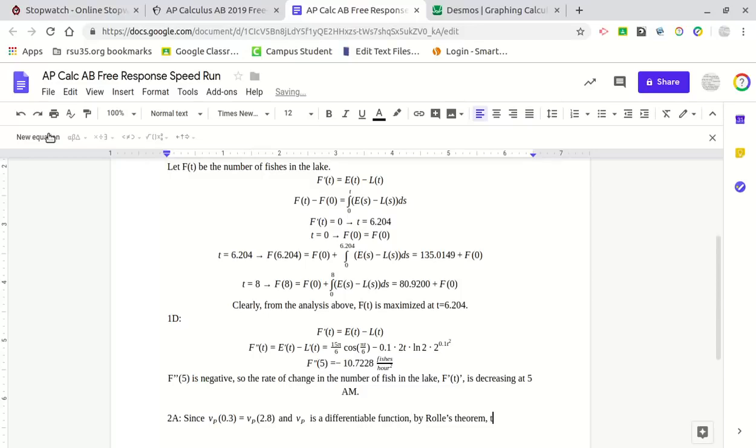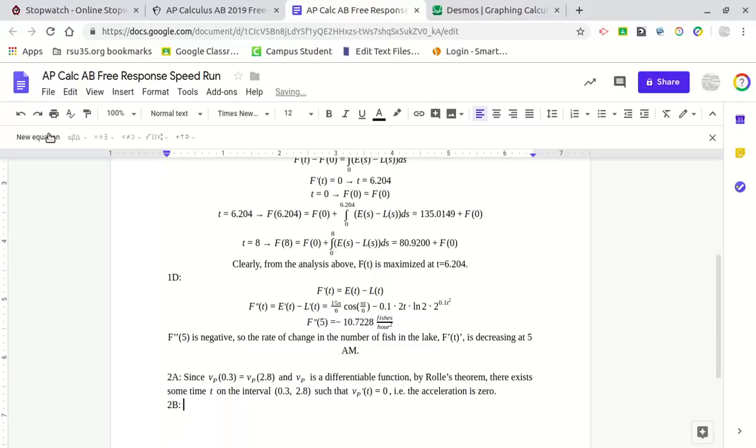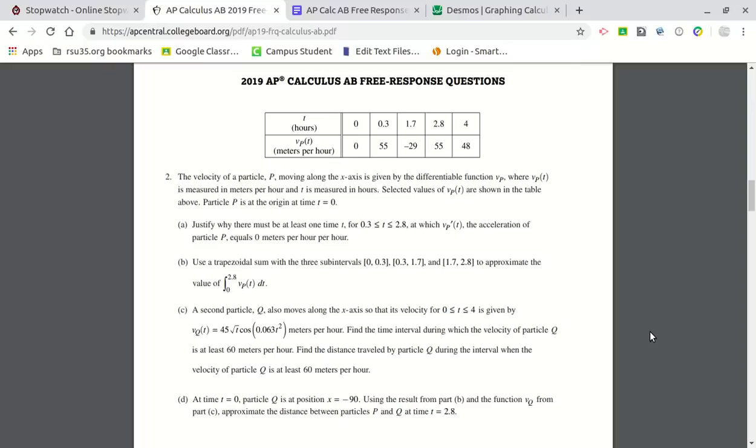By Rolle's theorem, there exists some time t on the interval 0.3 to 2.8 such that vP prime of t equals 0, i.e. the acceleration is 0. So hopefully that's enough justification for Calc AB. Again, I don't remember the specific wording from the class, but that's the basic concept that you need.